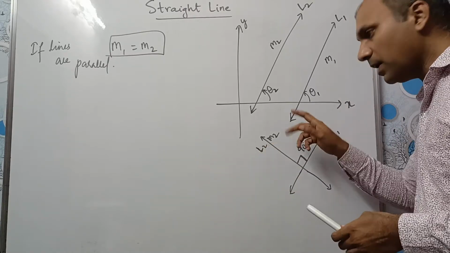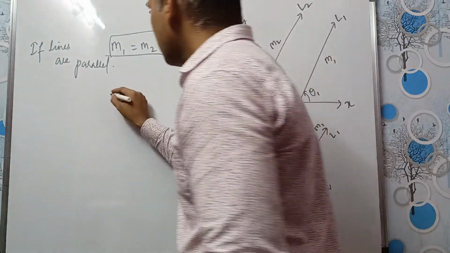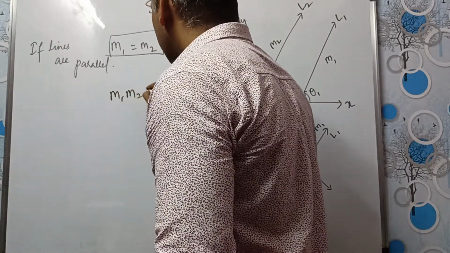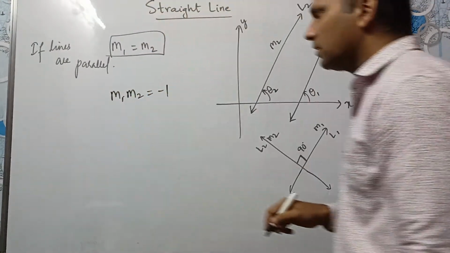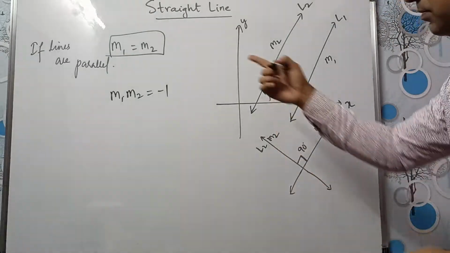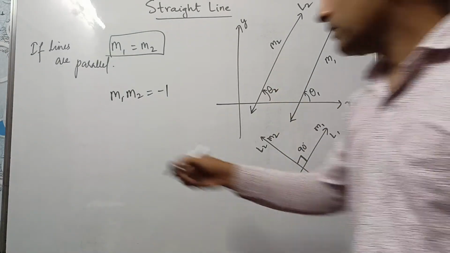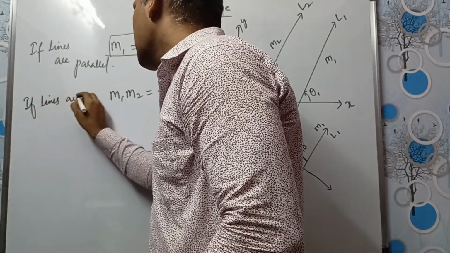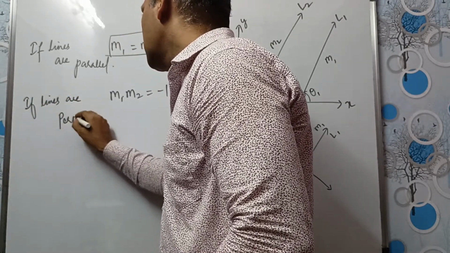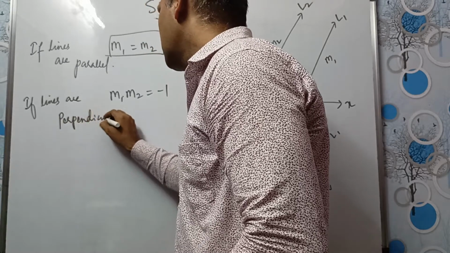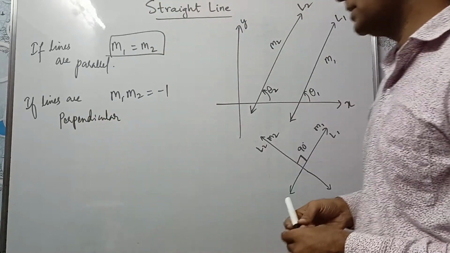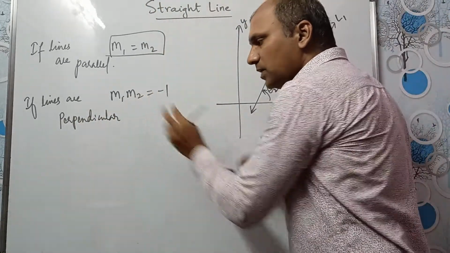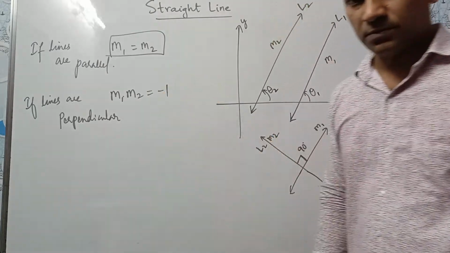See, if you multiply the slopes, m1 m2 will be equal to minus 1. If you multiply the slopes, the product will be minus 1. So if lines are perpendicular to each other, the product of the slopes will be equal to minus 1.